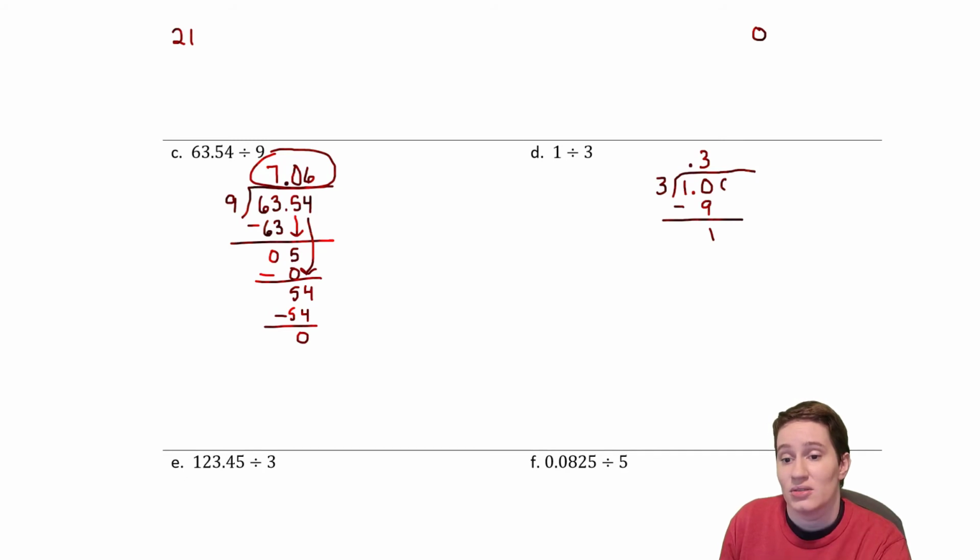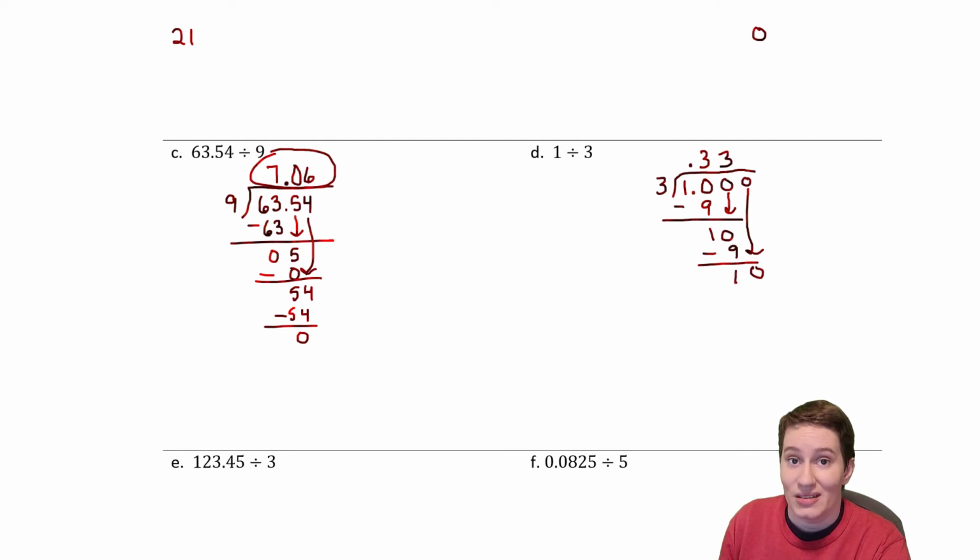I can add another 0 and bring it down, and I get 10, and then I start over. 3 goes into 10 3 times. 3 times 3 is 9. We get 1. We can drop down another 0. Whoa, whoa, whoa. Wait a second. If we keep adding zeros, we're going to keep getting the exact same thing.